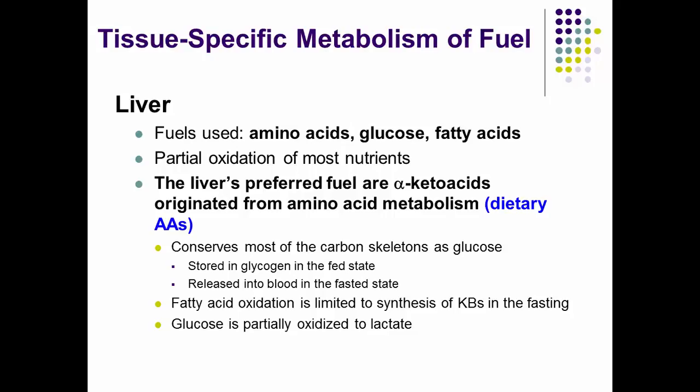So the liver does partial oxidation of these nutrients for a reason. Partial oxidation of glucose is just to save the carbon skeleton, and partial fatty acid oxidation is to make ketone bodies, right?